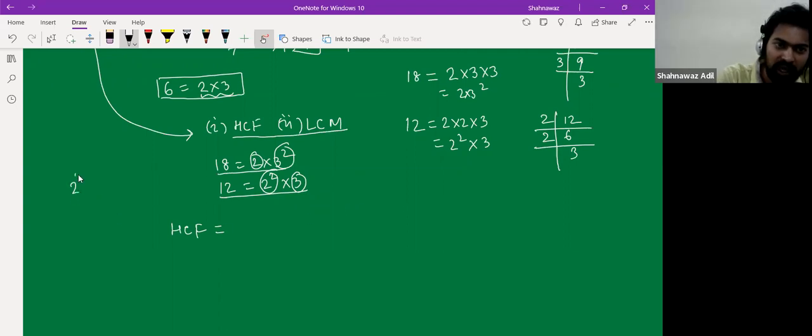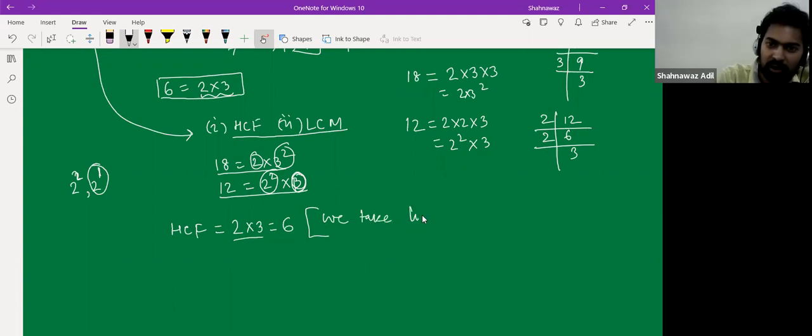You have 2 square and 2 to the 1, so 1 is the lowest power. We take the lowest power, 1. And for 3 square and 3, the lowest power is 3 to the 1. So this will be 6. So to take the HCF, we take what?